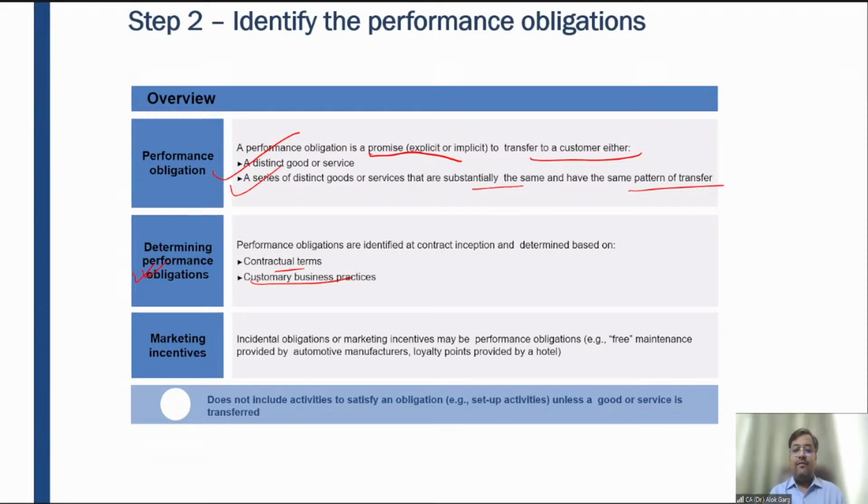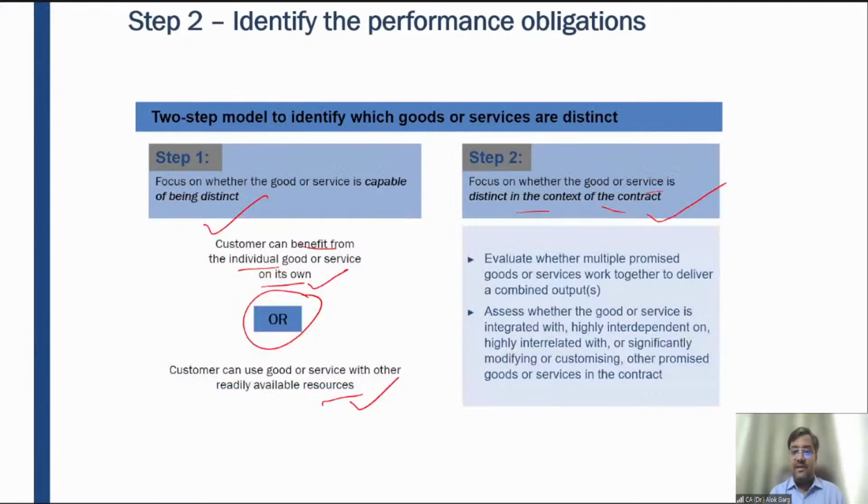So we discussed a lot of things about performance obligation, and we discussed how to identify whether the goods and services are distinct. We discussed that you need to see it from the goods and services aspect, and second, from the entire contract aspect, right? First, from the goods and services aspect. For example, there is a supply of goods and there is an installation as well.